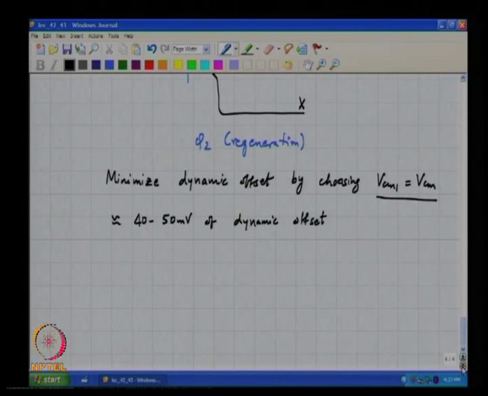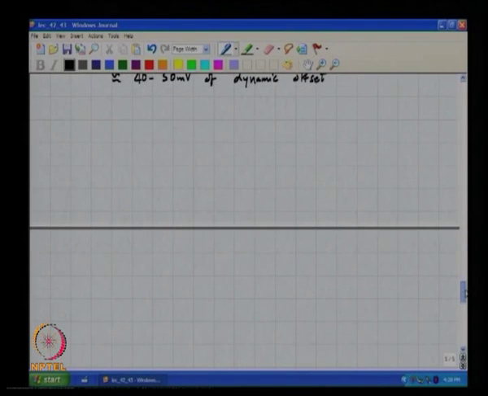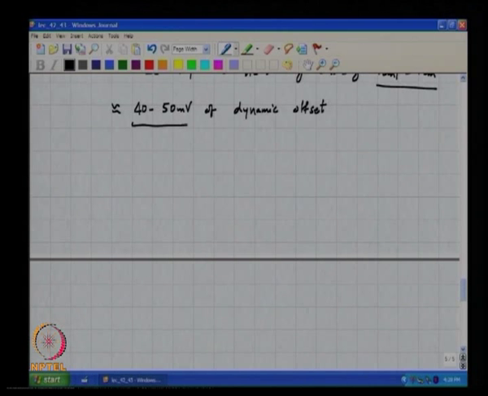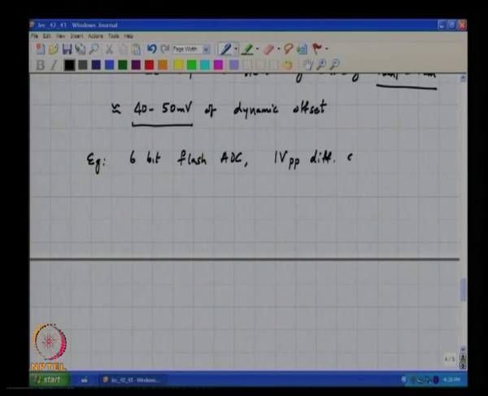Okay. Now the question is, what does one do if one has such a large dynamic offset? Let us say you are trying to build a 6-bit flash ADC with a 1 volt peak to peak differential signal range. What is the LSB size?